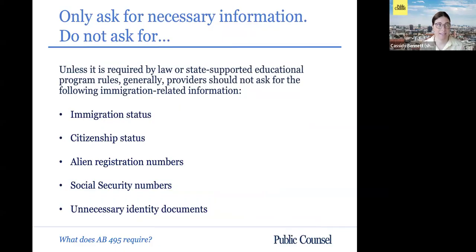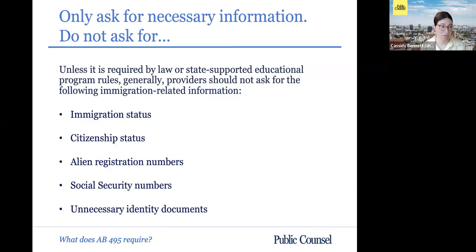So, only asking for necessary information. The strongest protection of the information that you have is often not collecting any unnecessary sensitive information to begin with. So unless the law or state-supported educational program rules require that you collect certain information, do not do so.